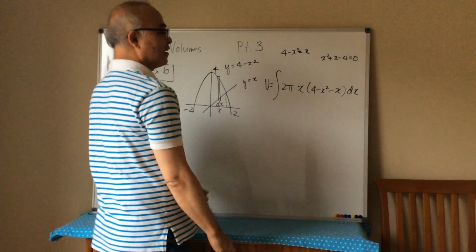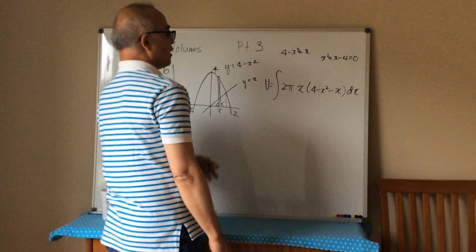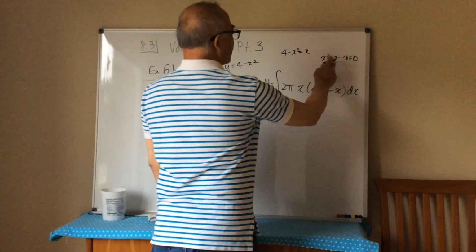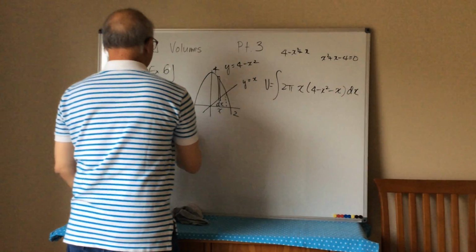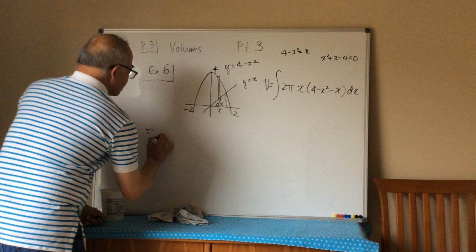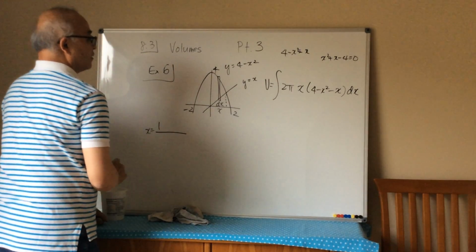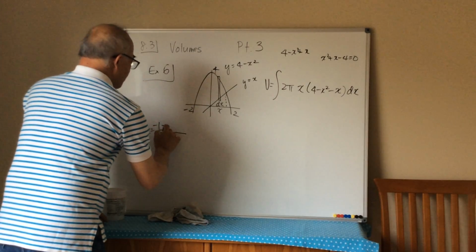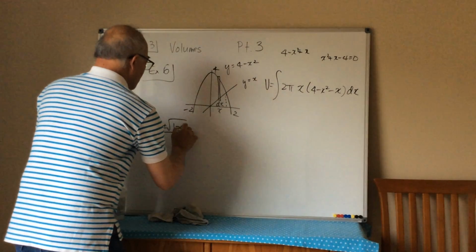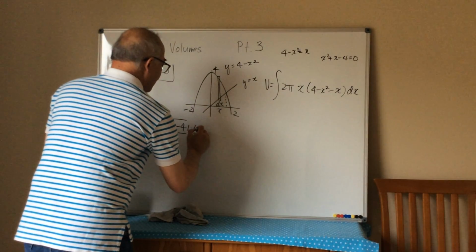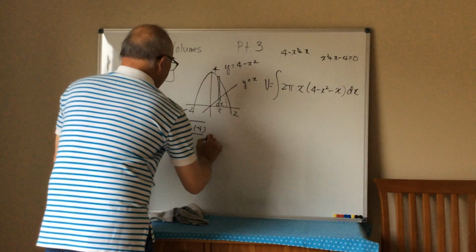This does not factor out, so you're going to have to use the quadratic equation. x is equal to minus b plus or minus the square root of b squared minus 4 times 1 times negative 4, over 2a.